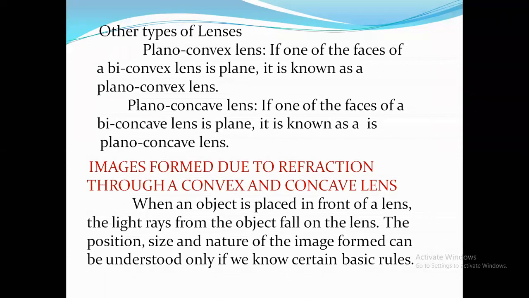The position, size, and nature of the image formed can be understood. Then only we can see the object. The convex and concave lenses have certain basic rules for image formation. Now we will see that.